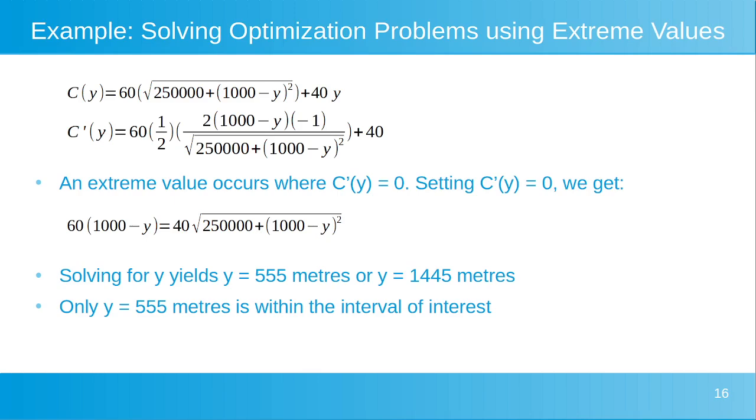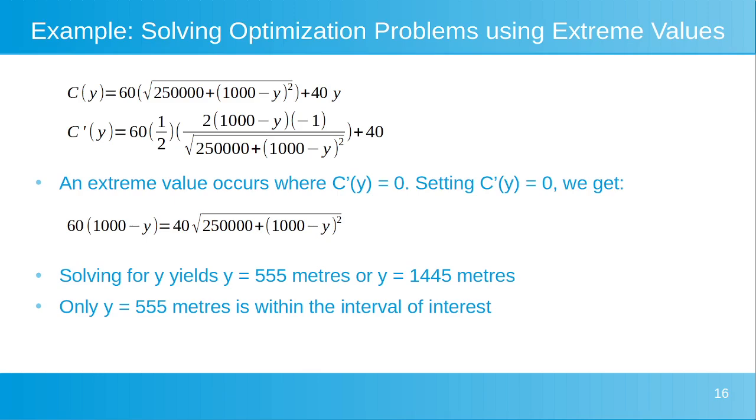So we've done a number of steps here. We've expressed our problem in terms of a mathematical function of one variable. We found the derivative of that function and we set the derivative equal to 0, and then we solved for the value of y that corresponds to a derivative being equal to 0. So what we found is a critical point of our total cost function.